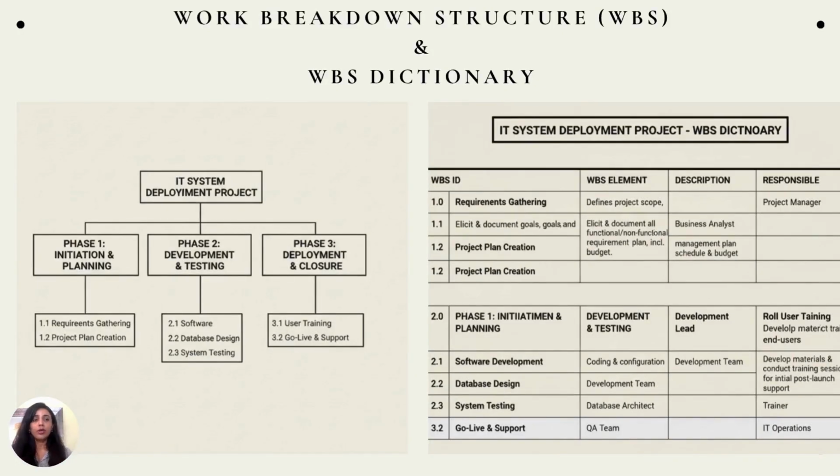WBS and WBS Dictionary. In the previous video, you might already have seen WBS and WBS Dictionary. What it means, WBS is nothing but the work breakdown structure, where you would break down the project into smaller tasks, which can be doable in a very short span, like 3 to 5 days.